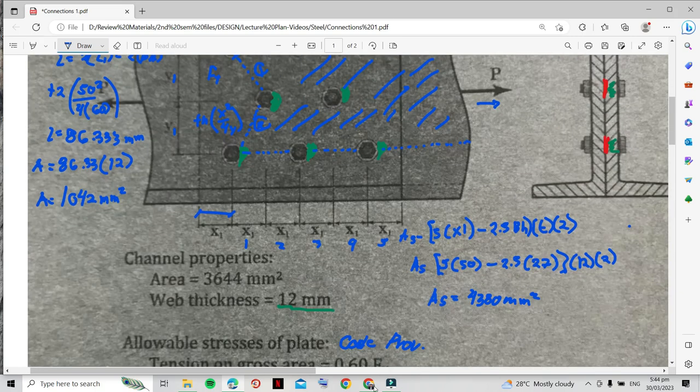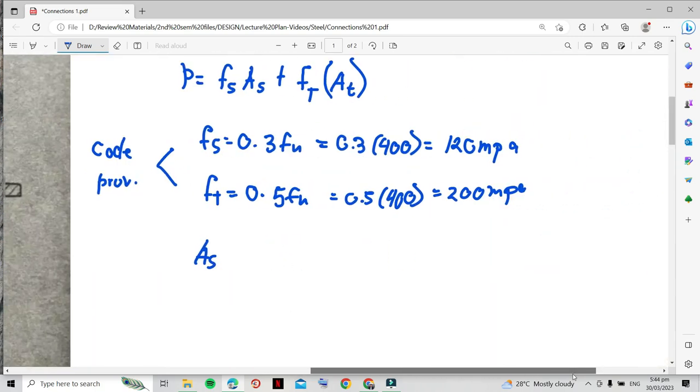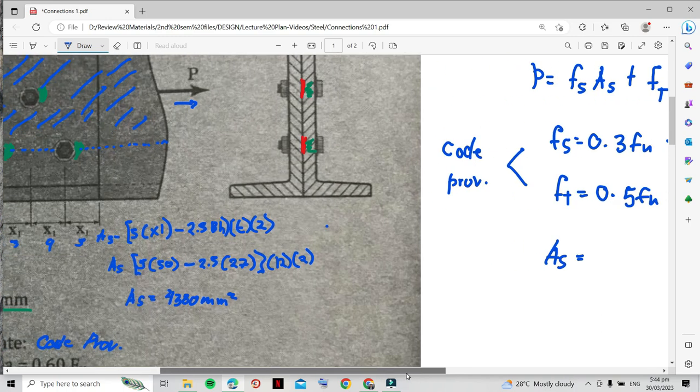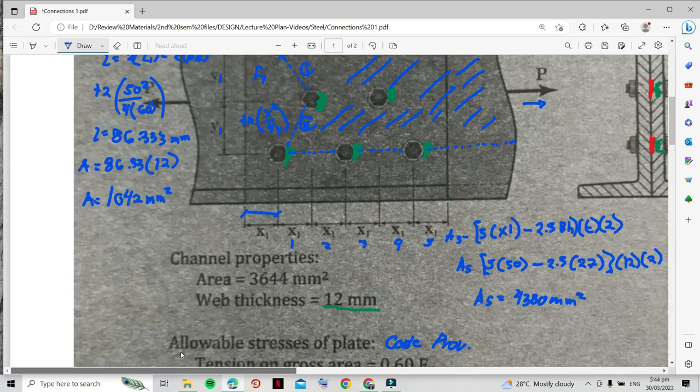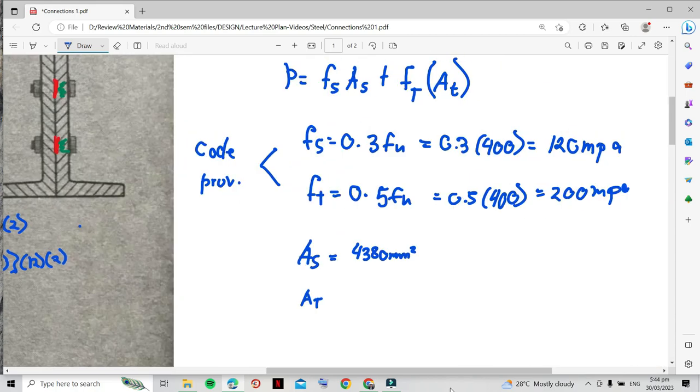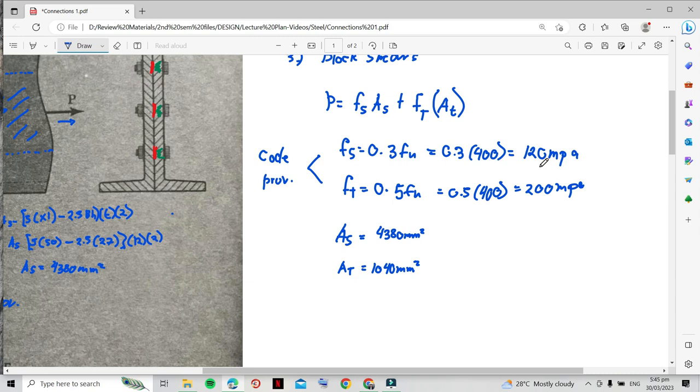So okay, we substitute to the formula here. We have the AS again, the value of 4380 mm squared, and the area in tension, which is equal to 1040 mm squared.